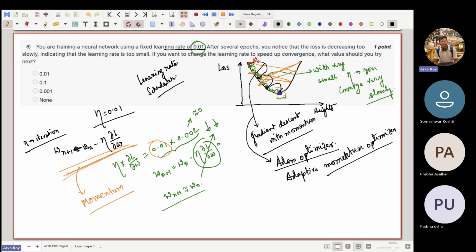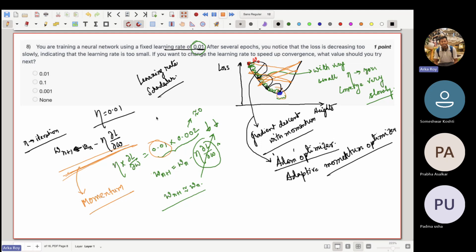So in neural network simulation, you will see that many people use this particular term Adam, because it tries to converge the problem very fast. In several cases, it also fails. So what should be the remedy?